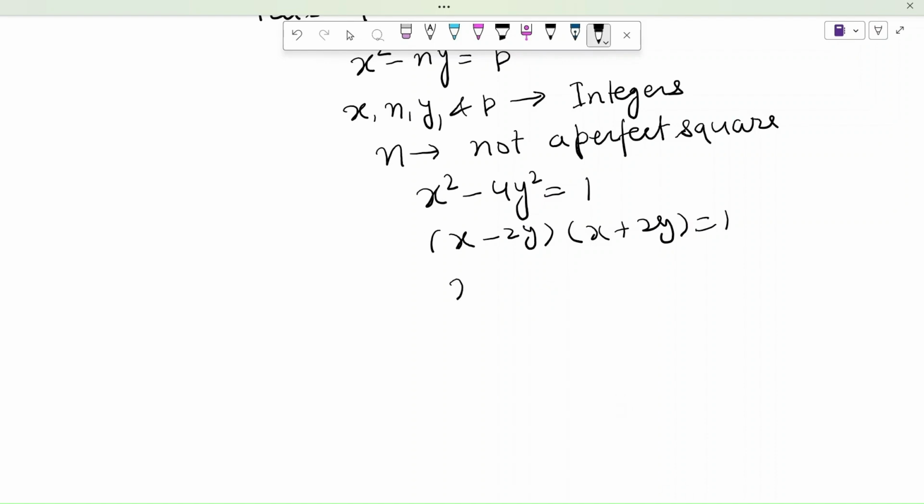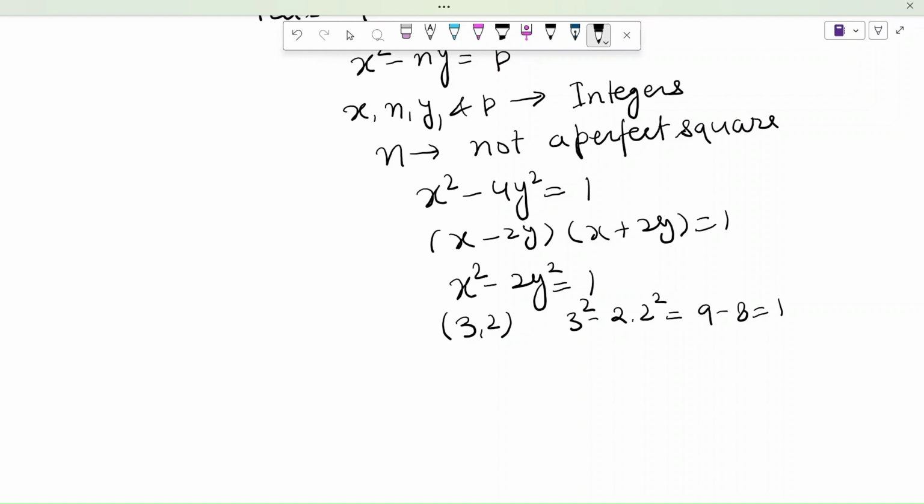Let's take an example, x² − 2y² = 1. Initially we can get one solution by just guessing. When the value of n is small like here, the initial solution is easy to guess. Here (3, 2) works: 3² − 2·2² = 9 − 8 = 1.